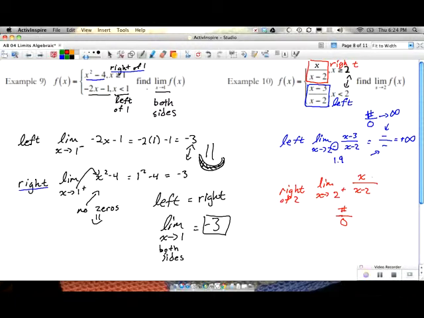And with that happening, we got to look at what's happening on top and bottom as far as positives and negatives. Well, if I'm picking a number slightly bigger than 2, so like 2.1, on top we're going to get positive, but on bottom 2.1 minus 2, are we going to get positive or negative? It looks like it's going to be positive as well.